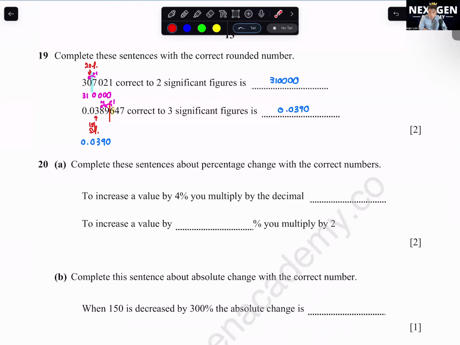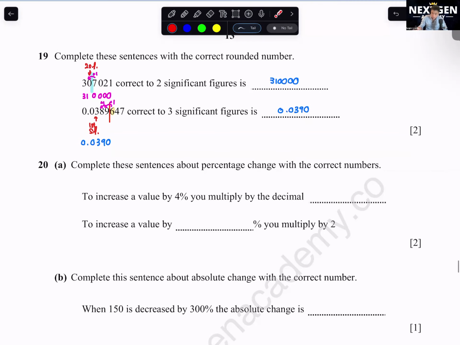Let's go to question 20. Complete these sentences about percentage change with the correct numbers. To increase a value by 4%, you multiply by the decimal what? What's the value of this? By right, actually, I was planning to teach you all on this next week.